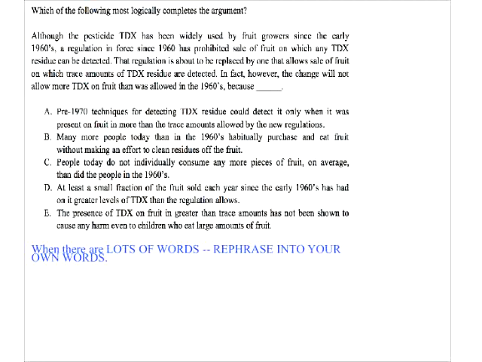So before 1960, the old rule says if they can detect any TDX, then the fruit can't be sold.